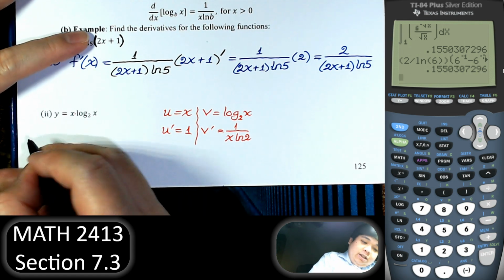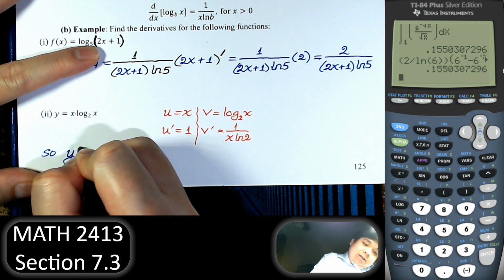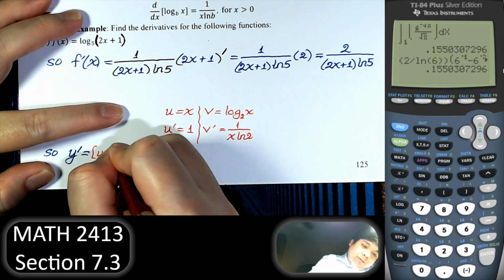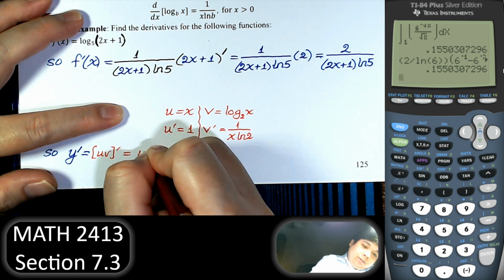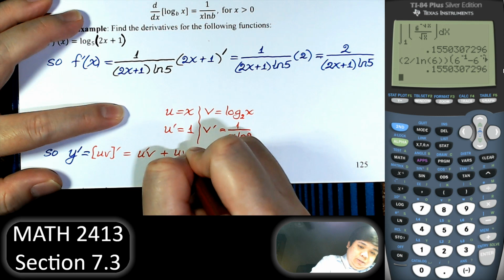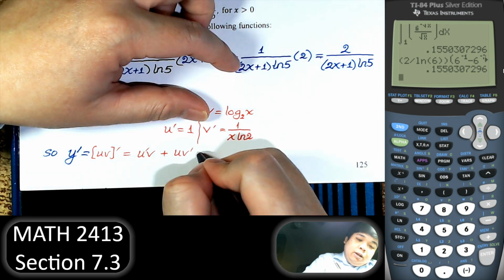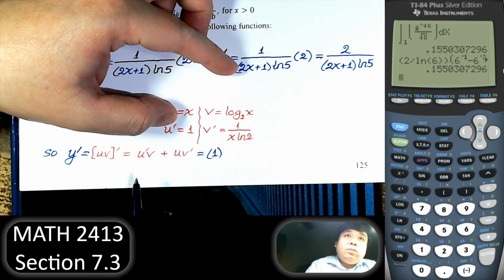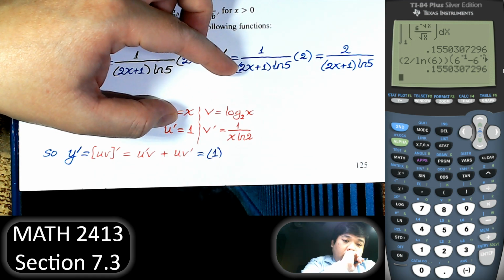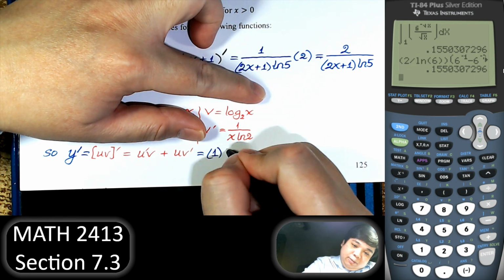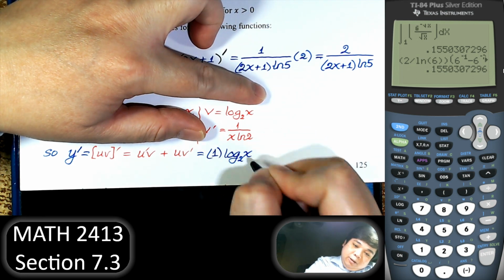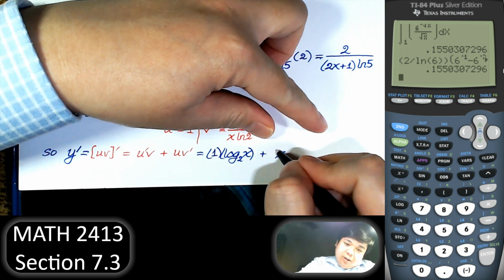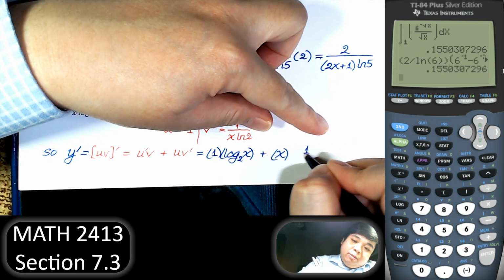And now we integrate. The product rule: u prime v plus u times v prime.